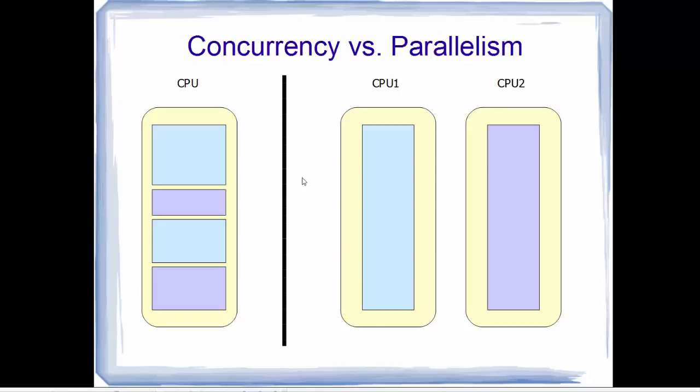Now, what is the difference between concurrency and parallelism? Consider you have one CPU in your computer and you want to run two processes. Your CPU manages this using concurrency.